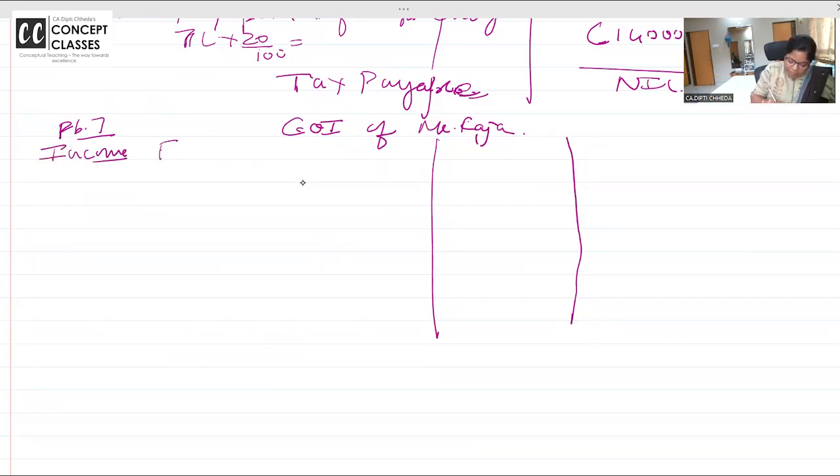So income from business. This is our first heading. First India. Income from business in India 2,50,000.